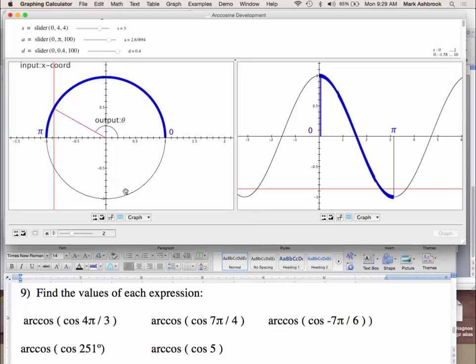So an angle of 5 radians is about here. From the 3 o'clock position all the way around there, that's 5 radians.